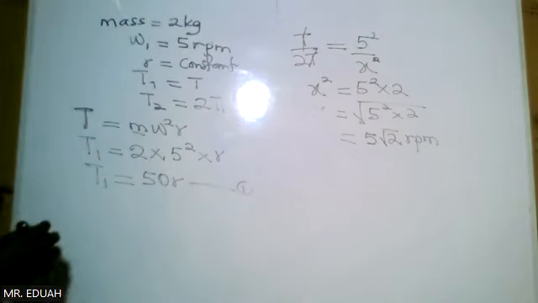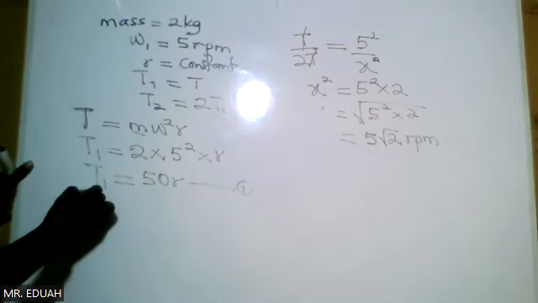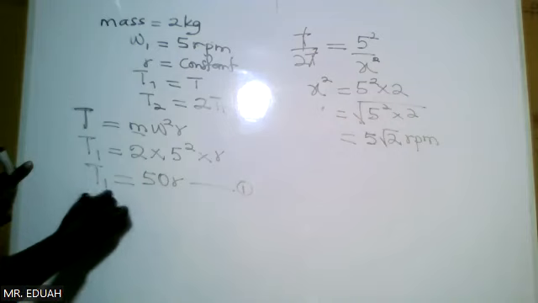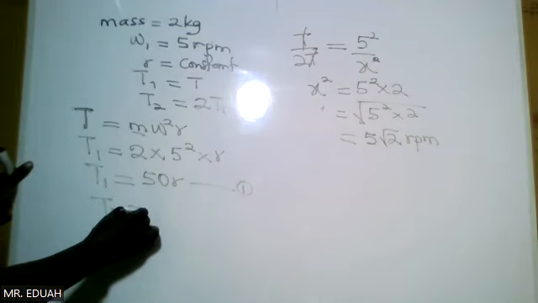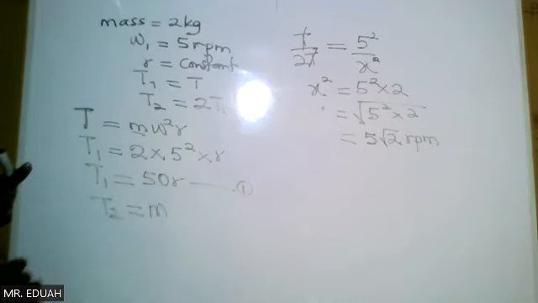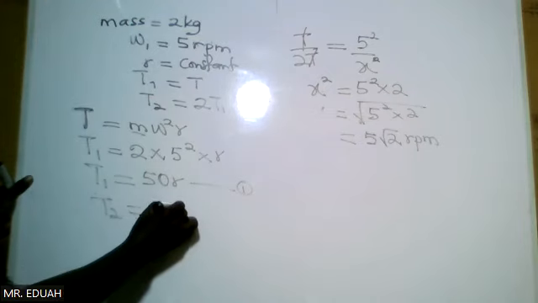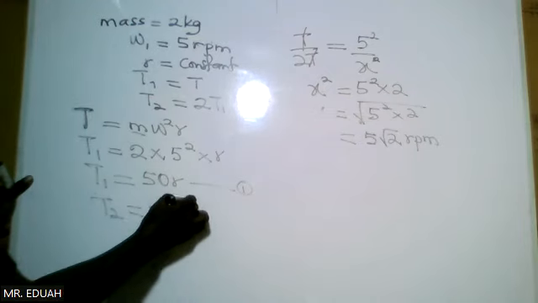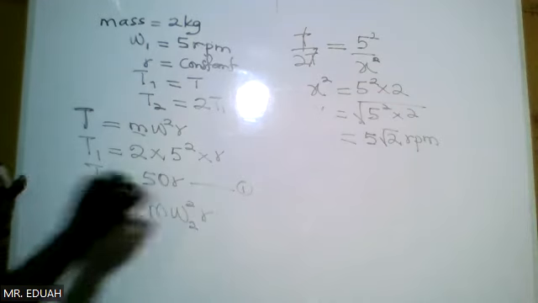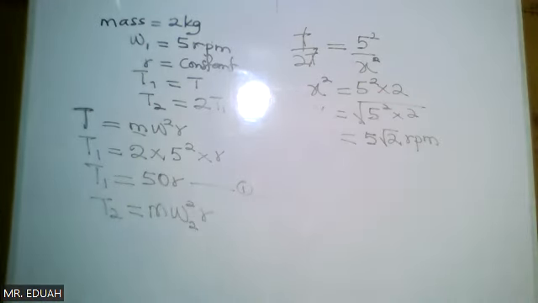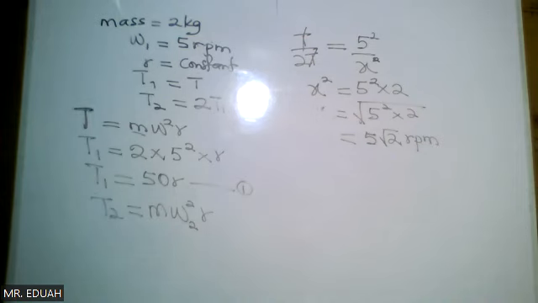In the second situation, the tension is double. So T2 would also be equal to M, which doesn't change, omega 2 squared, R is also constant. So radius is kept constant.